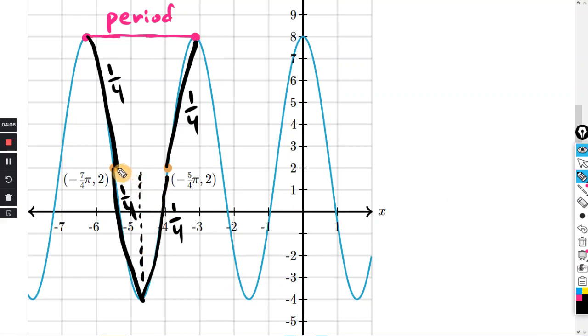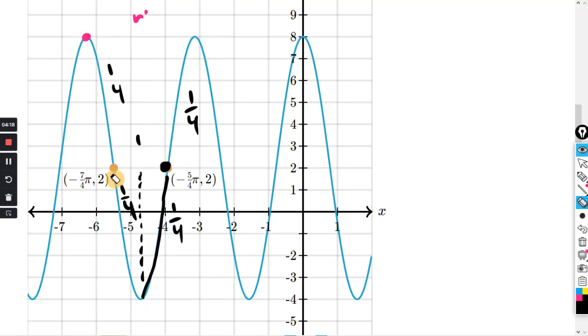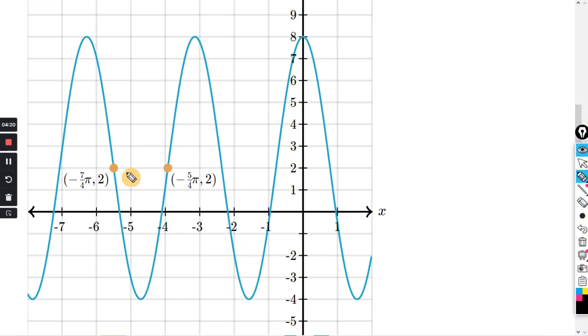Okay, so if we went from this point to this point right here, that would be half the period. So if we can find this distance, we can just multiply it by 2 and get the period. All right. So if we want to find the distance from here to here, we just need to take the difference of the x coordinates and take the absolute value.